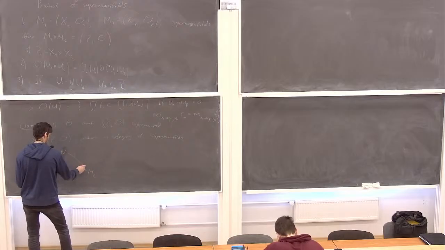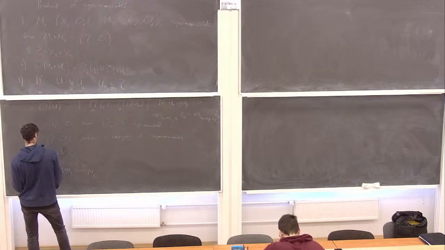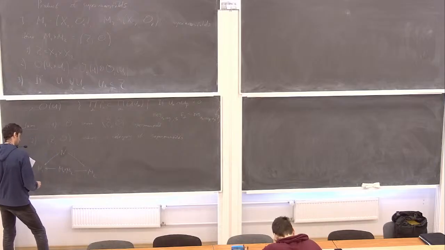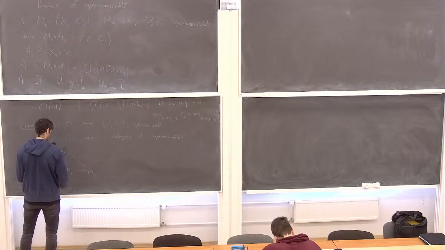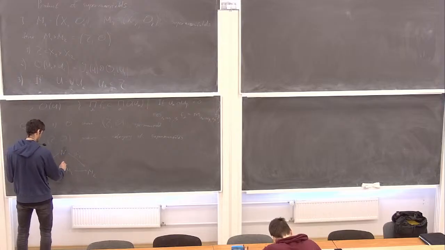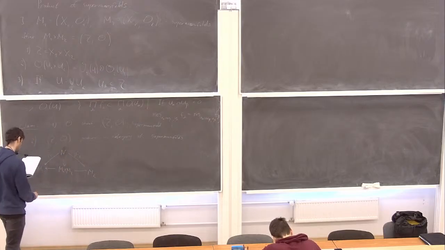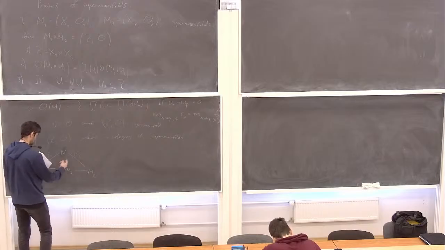And so if I have these morphisms from N, f1, f2, then there exists a unique morphism denoted by f1 times f2.